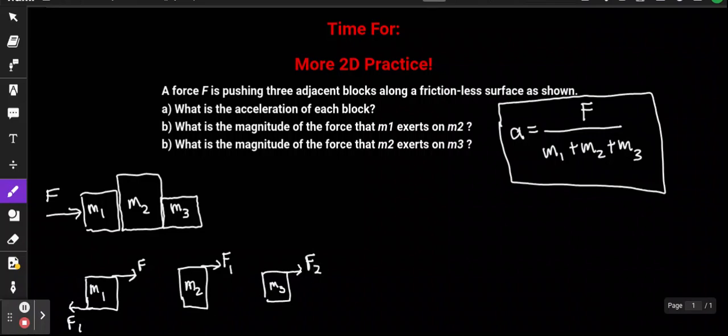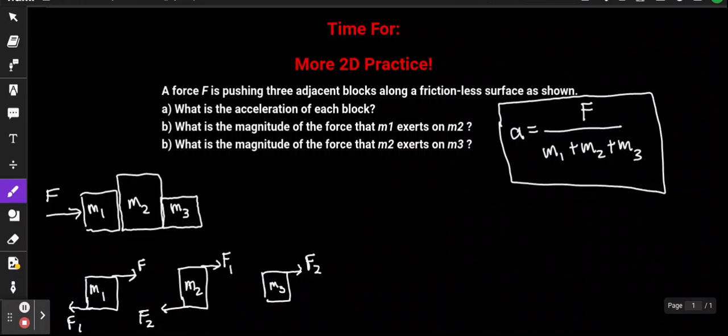And because M2 is pushing on M3 with a force F2, then once again, according to Newton's third law, there must be a force backwards that is the same magnitude F2 on the mass M2. So, B is asking for the magnitude of the force that M1 exerts on M2. So it's asking us to find F1.